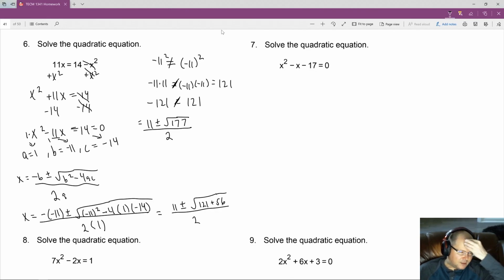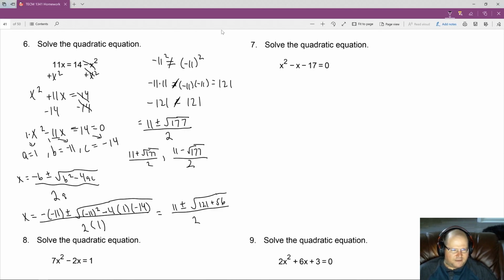Okay, so now at this point you're going to plug this into your calculator, and that's going to give you approximations, right? So we would break this apart into the positive 11 plus the square root of 177 all over 2, and over here we would have the positive 11 minus the square root of 177 all over 2.